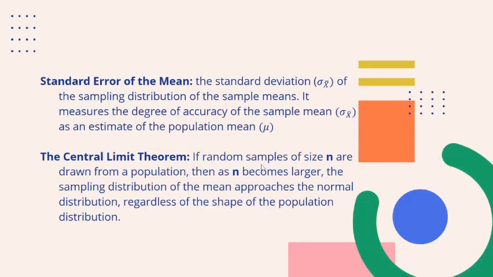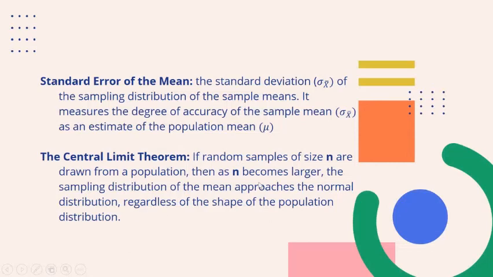We can observe that the value of sigma sub x-bar depends on the size of your sample. What happens to it when n is increased? If we want to get a good estimate of the population mean, we have to make n sufficiently large. This is in fact stated as a theorem, known as the central limit theorem.